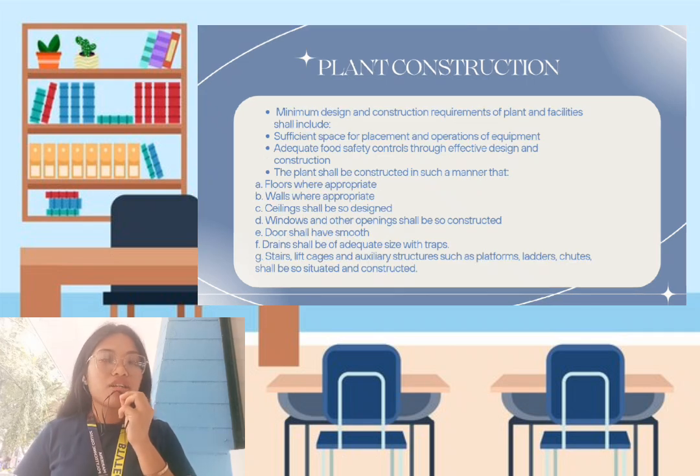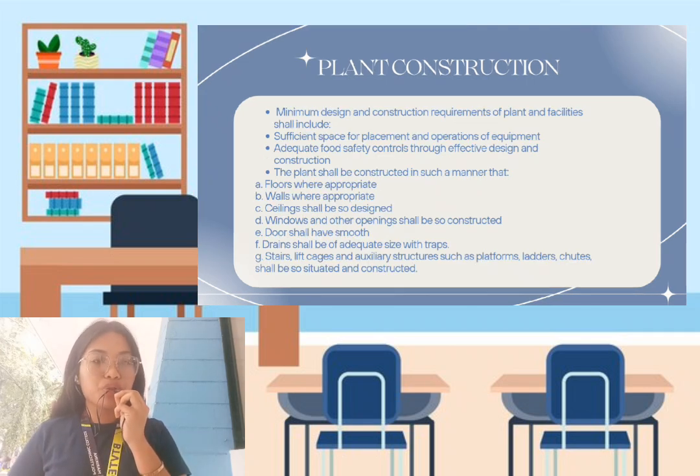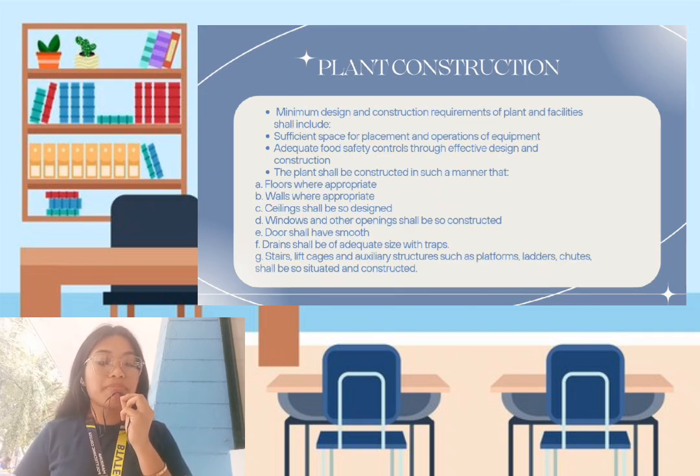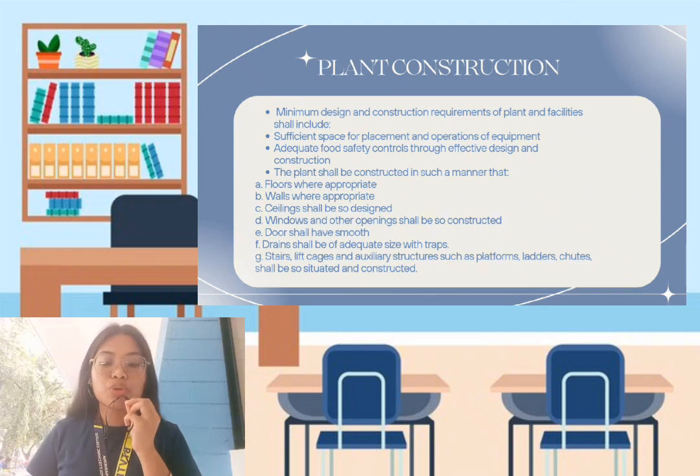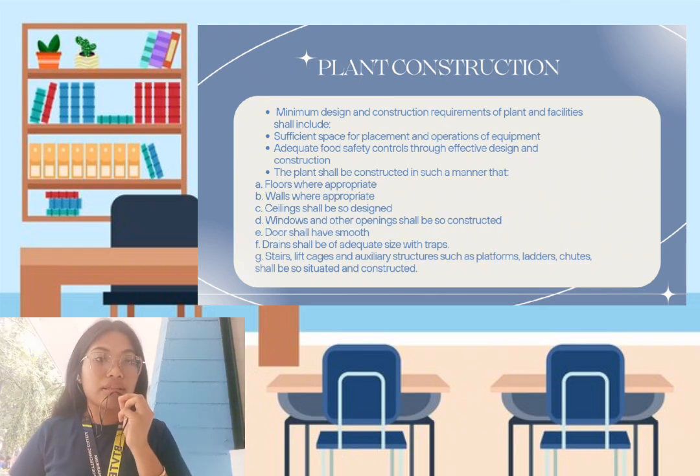Third one is the minimum design and construction requirements of plant and facilities. So yung plant should be constructed in a way na number one is sufficient space. Dapat may sapat na space para sa pag-ooperate ng mga equipment at yung mga paglalagyan ng mga material or sa pag-store. Next is the adequate food safety control.